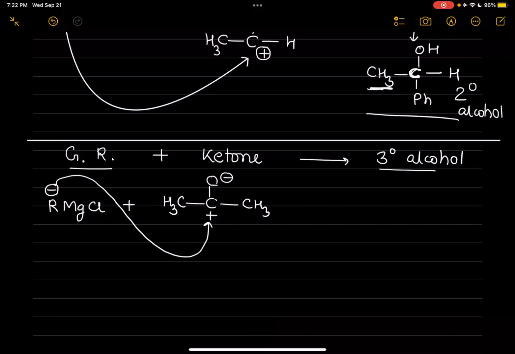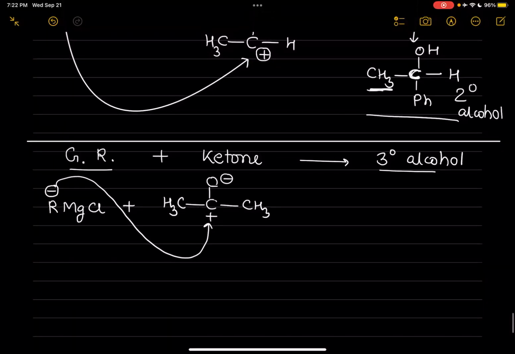So the ketone already had two alkyl groups, and one more alkyl group came in from the Grignard and joined on the carbon of the ketone. So what you will get is CH3, CH3, R, where R is any alkyl group, and OH.